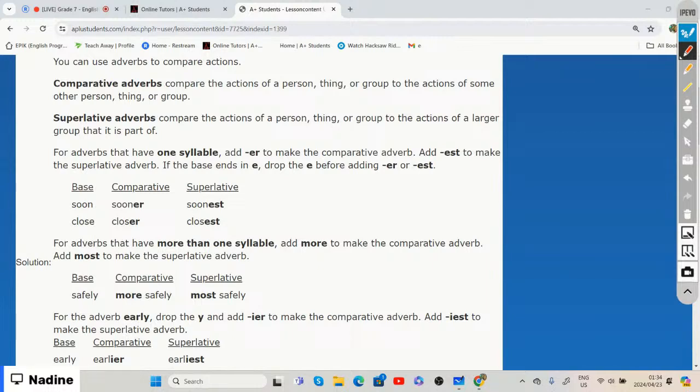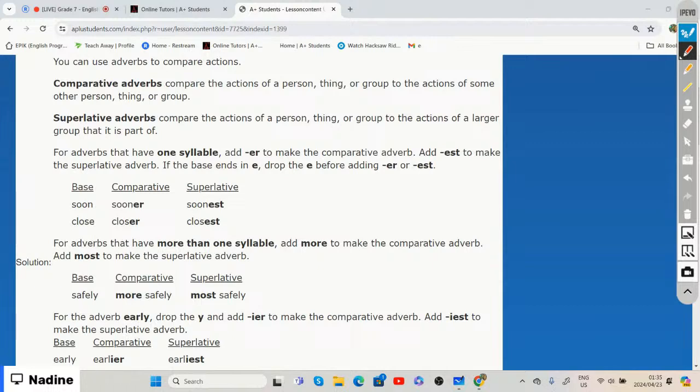And then when we have an adverb with one syllable, like soon, we add an "er" to make it a comparative adverb. So when we are comparing, for example, we can say Jade ate her lunch sooner, way sooner than Alex, right?